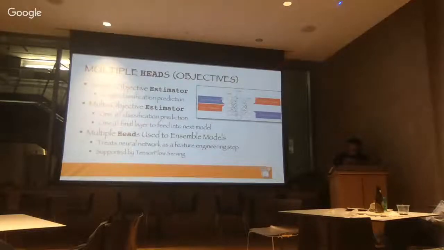Also, this is a pretty cool concept that I hadn't really thought about or experienced before: multiple heads. Heads are multiple predictions, and head is actually part of this estimator API that you inherit if you're using estimators. Traditionally you make a single prediction, but now you're making two: one prediction, and then a second head to retrieve that final layer.